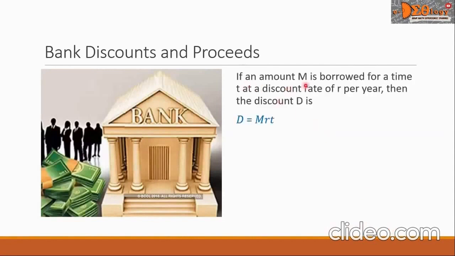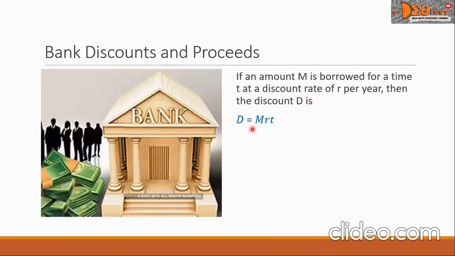If an amount, capital M, is borrowed for a time T at a discount rate of R per year, then the discount D is given by this formula.